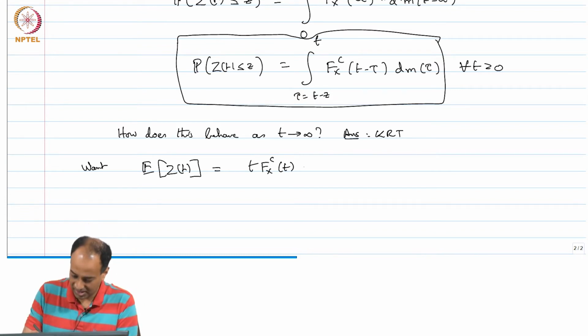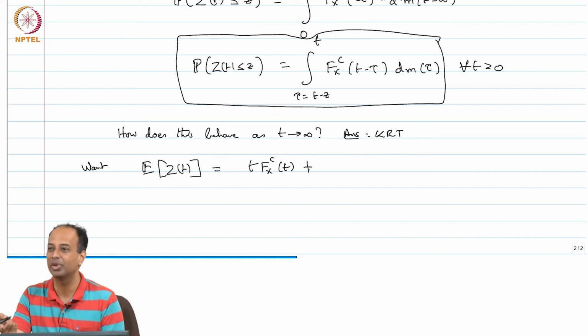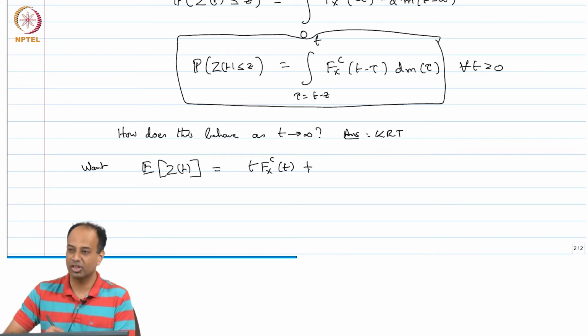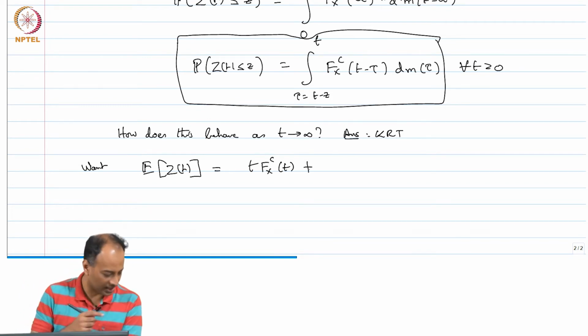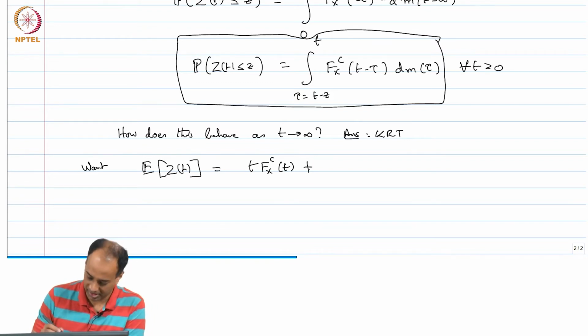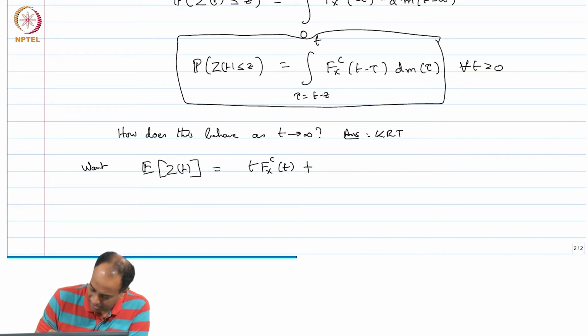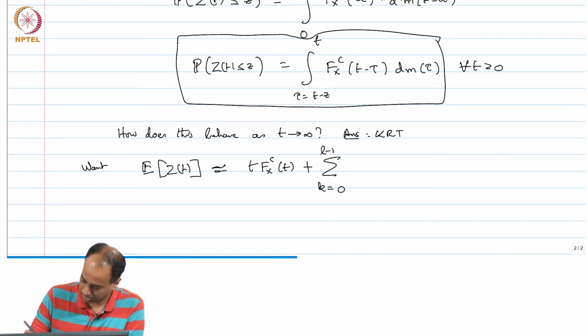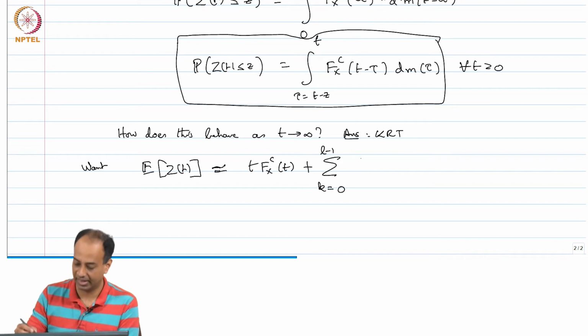Plus there is the other possibility that there have been renewals. For this you have to write out an integral. This again is done in your book. You have to take upper bounds and lower bounds. So, this will roughly be like a sum over k equal to 0 to L minus 1, where you are dividing it into delta intervals.